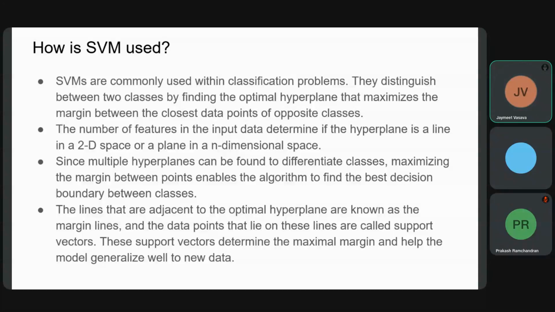Since multiple hyperplanes can be found to differentiate classes, maximizing the margin between points enables the algorithm to find the best decision boundary between classes. The lines that are adjacent to the optimal hyperplane are known as the margin lines, and the data points that lie on these lines are called support vectors. These support vectors determine the maximum margin and help the model generalize the data very well.